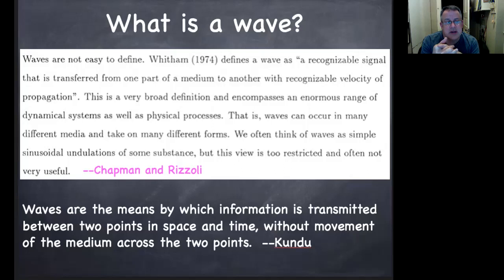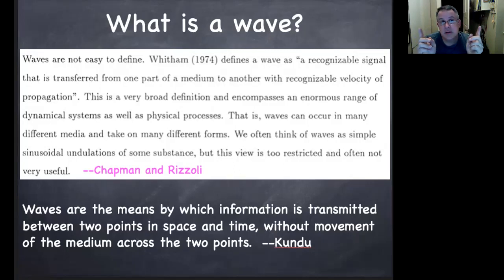Kundu has a nice definition. Waves are the means by which information is transmitted between 2 points in space and time without movement between the points. So he clarifies without movement between, because what's the difference between a wave and a current in that case? A current going from point A to point B also transfers information and covers space and time, but it moves the fluid with it.